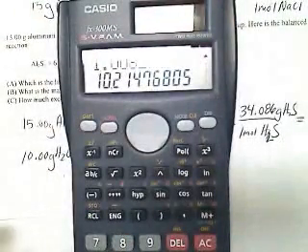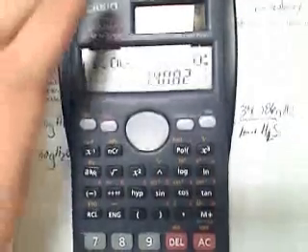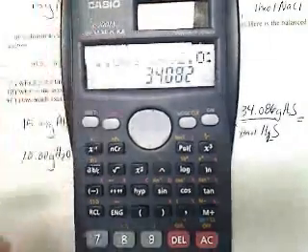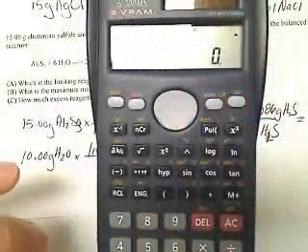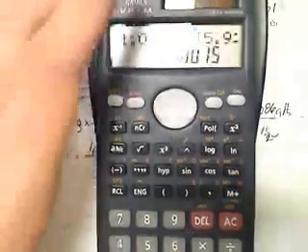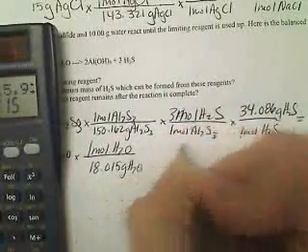Oh, I did that wrong, sorry. I'm looking for water. Just scratch that. So I know I have 1.008 times 2 plus 15.999. That's your molar mass of water, so we're going to put 18.015 grams of H2O.